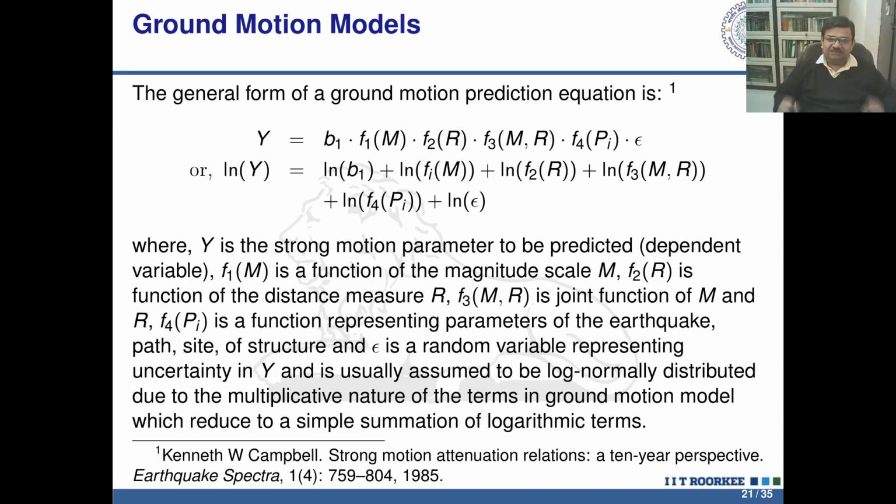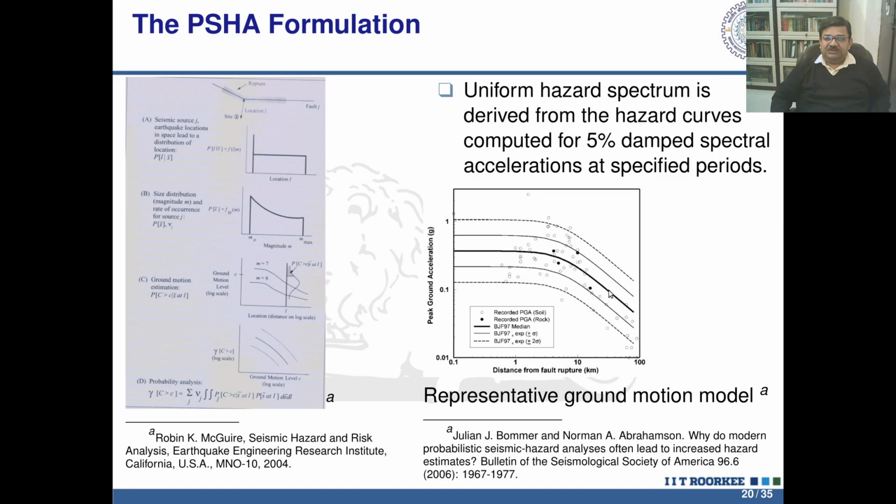So there is an interplay between them. And then there are several factors about what kind of source it is. Is it a strike slip or a thrust fault, or is it a subduction zone, or whatever? And then there are random deviations, random effects, epsilon. So epsilon is a random variable representing uncertainty in y, essentially to model this scatter in the data. Right?